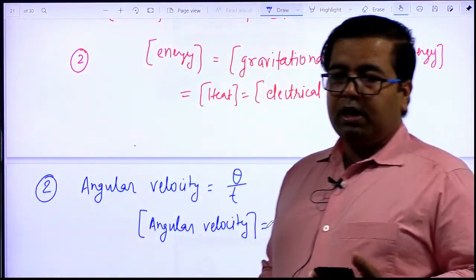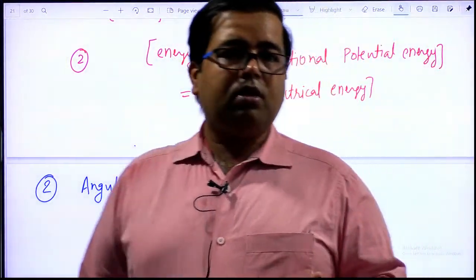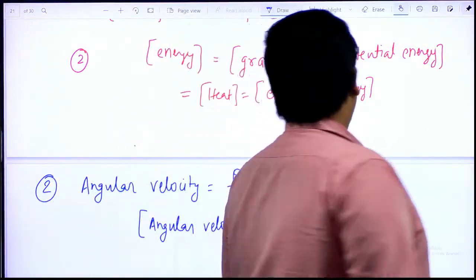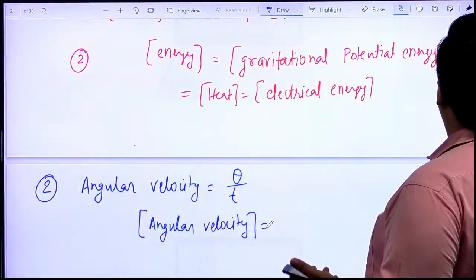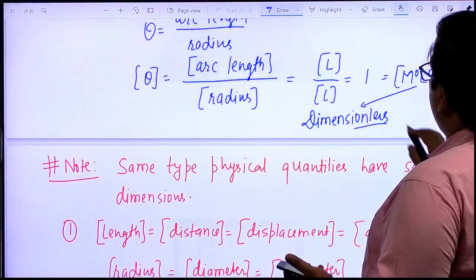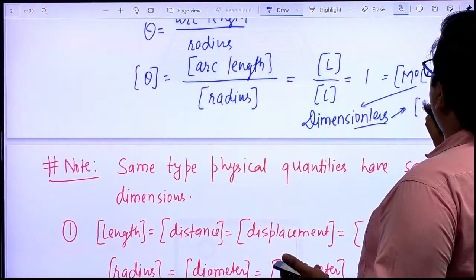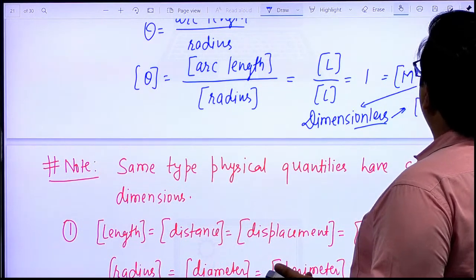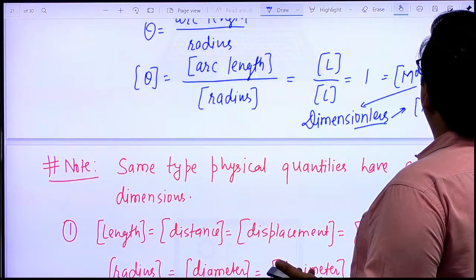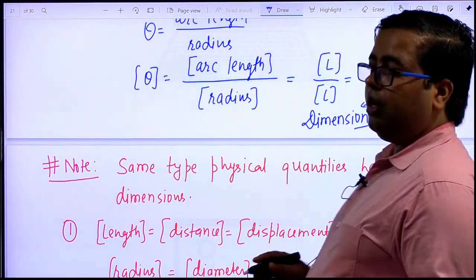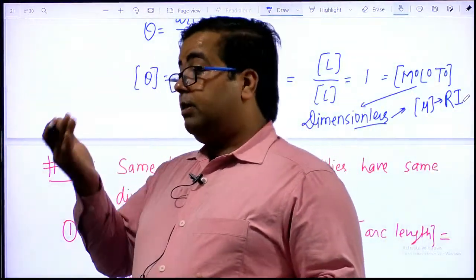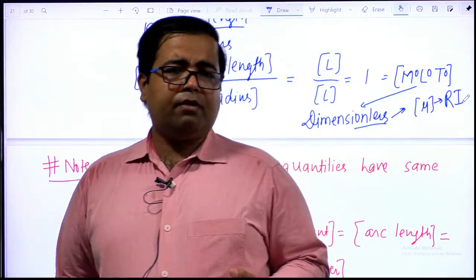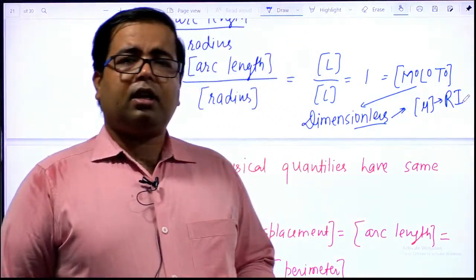there are so many types of physical quantities I have shown you, for example, the dimension of refractive index, friction coefficient. There are so many physical quantities which are dimensionless.